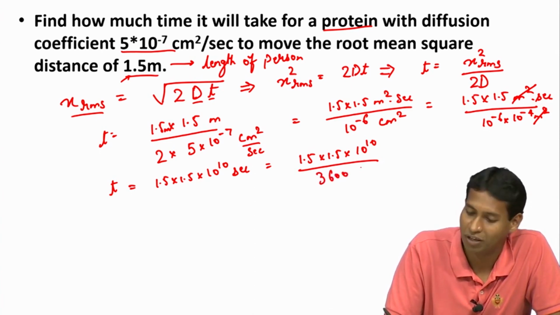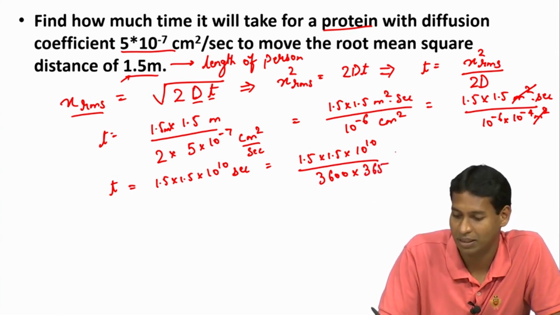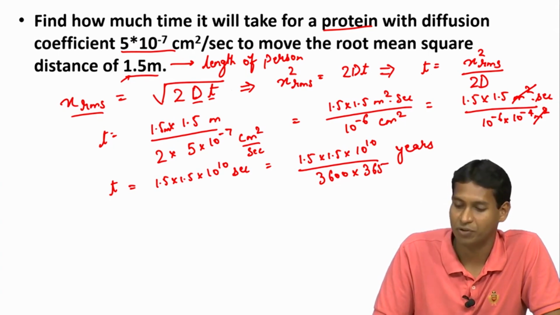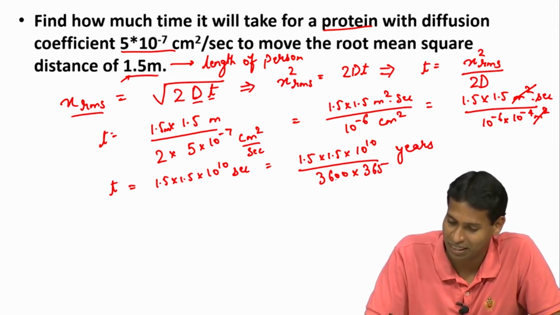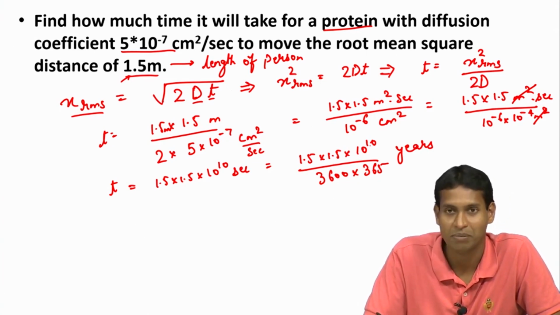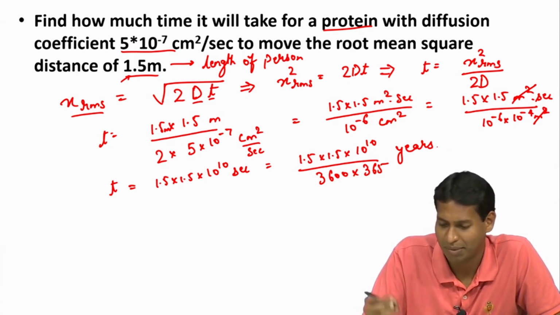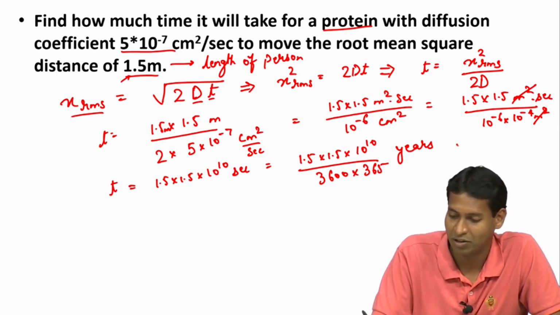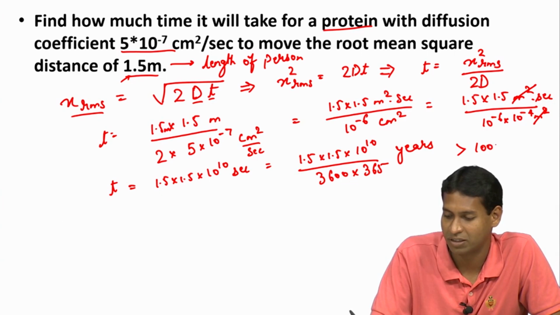If I now actually want to convert this into years, it is going to become this many years it will take for this protein to diffuse. Now even with all this, I am talking about 1, 2, 3, 4, 5, 6, so I am still talking about hundreds or thousands of years, almost about 500 years or something. So I am not going to go ahead and solve this right now, but we are talking about this being greater than hundreds of years.